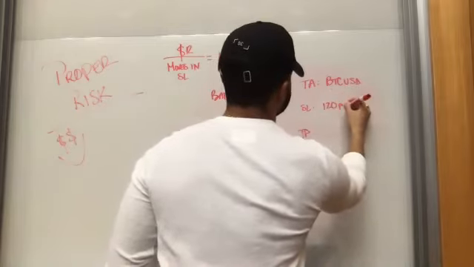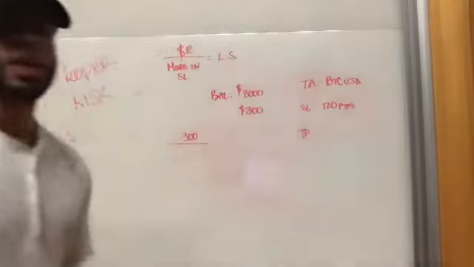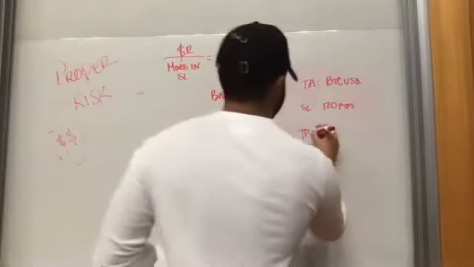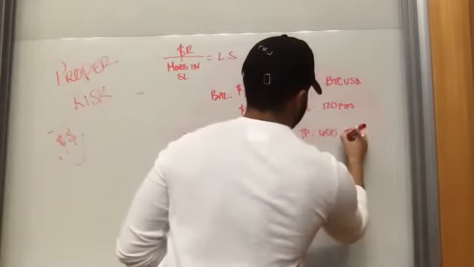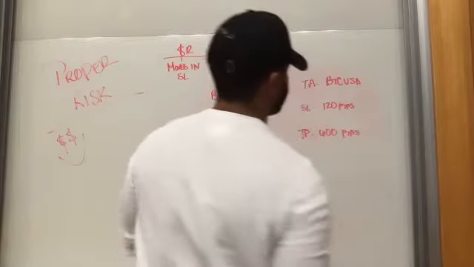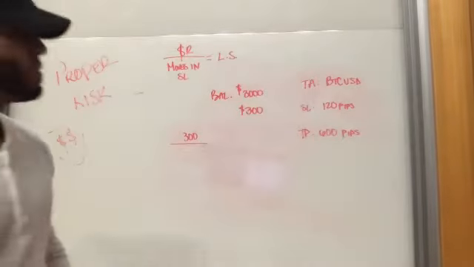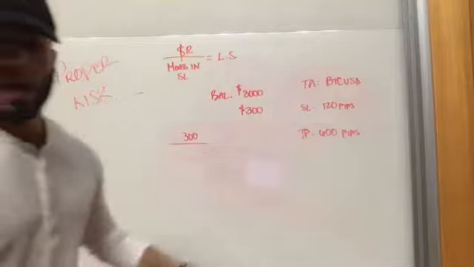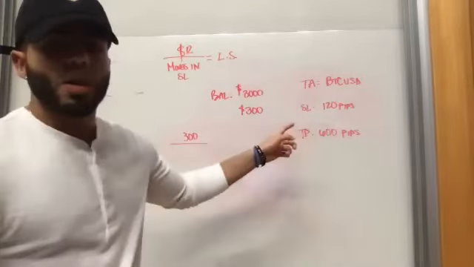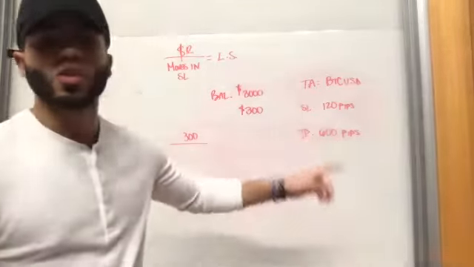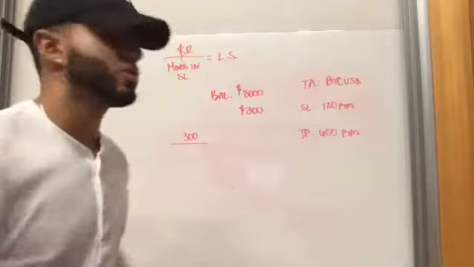A little bit bigger of a stop loss, but it's 120 pips. However, our take profit is 600 pips, right? So now let's do the math. 120 pips in my stop loss is what? 120 times 10, 1,200.